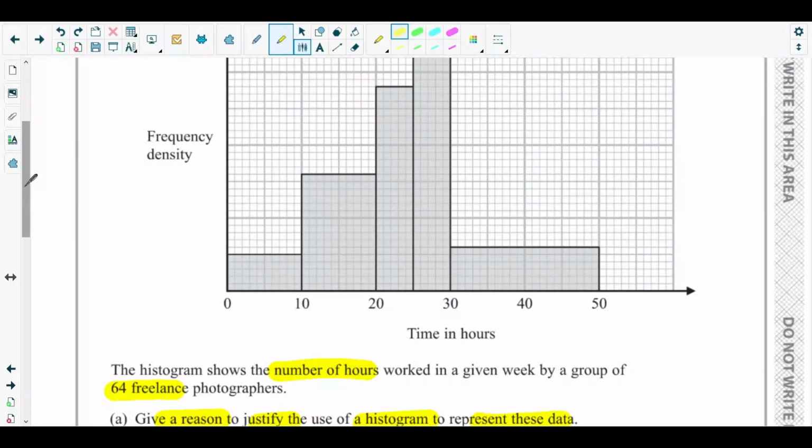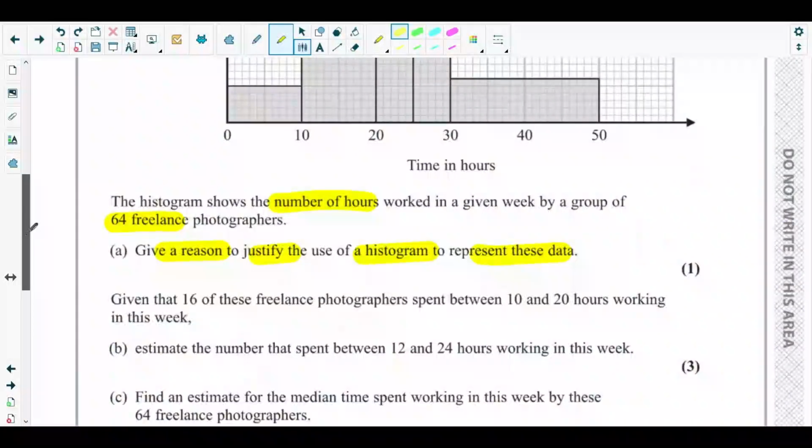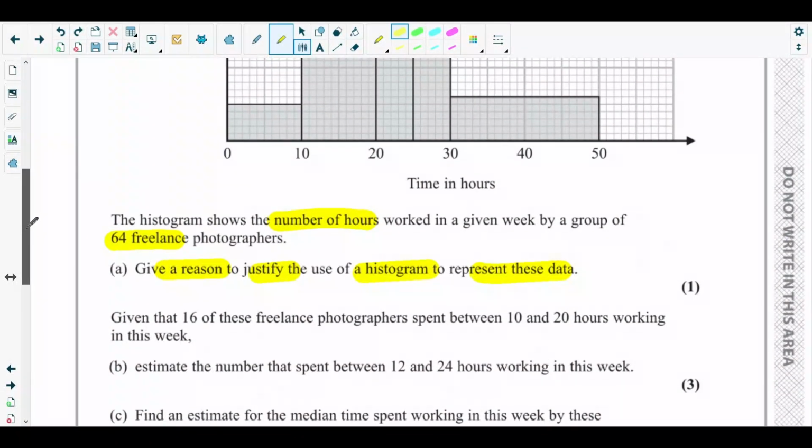Here the quantity is the number of hours, basically time, and time is a continuous variable. So since time is continuous, it's correct to use a histogram to represent the time in hours.